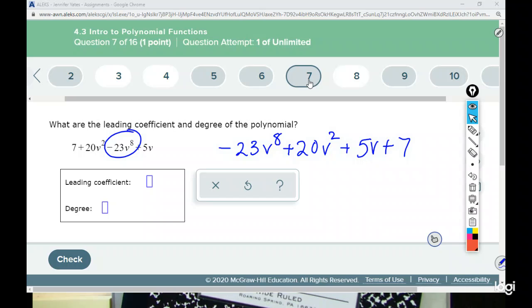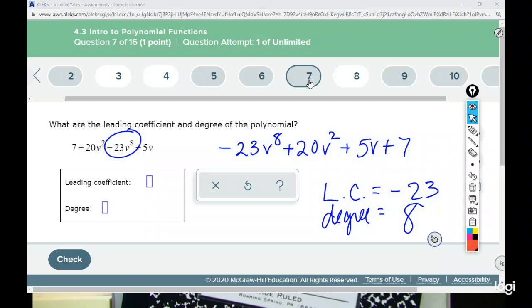And it's in descending order. Once you've got that, the leading coefficient is whatever number is in front. So in this case, my leading coefficient is negative 23. And my degree is the highest exponent, which is what? 8. 8. So as long as it's in descending order, super easy problem.